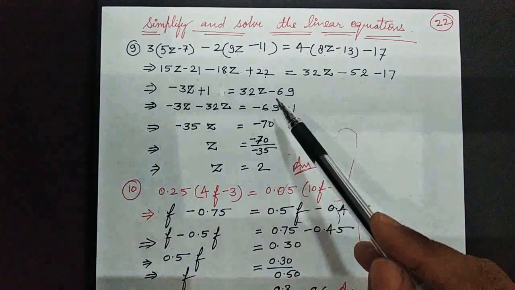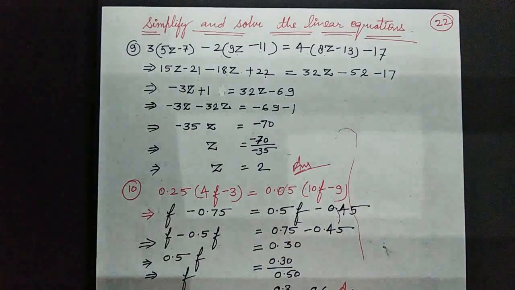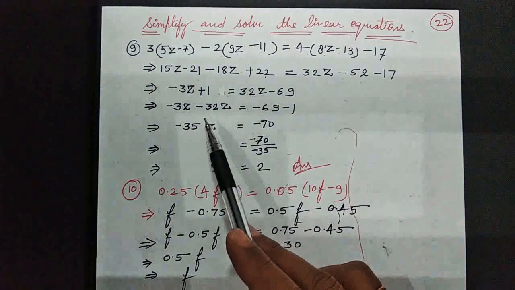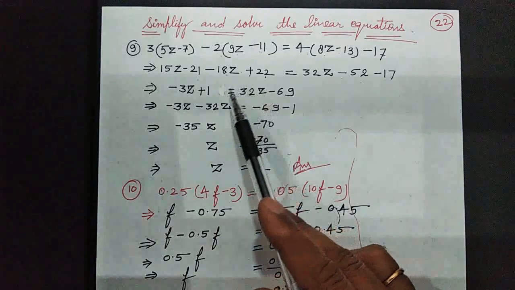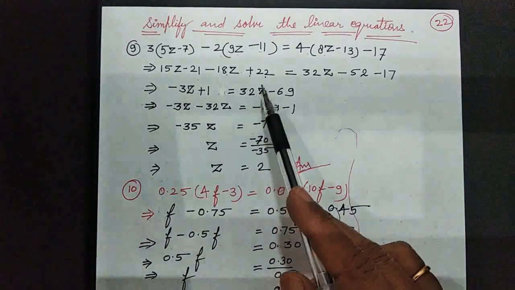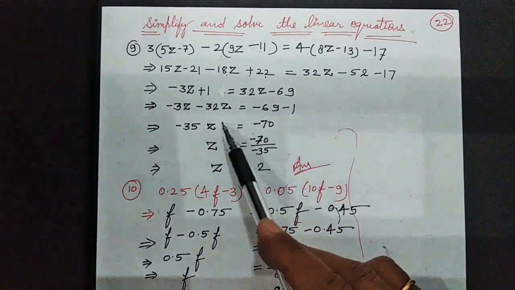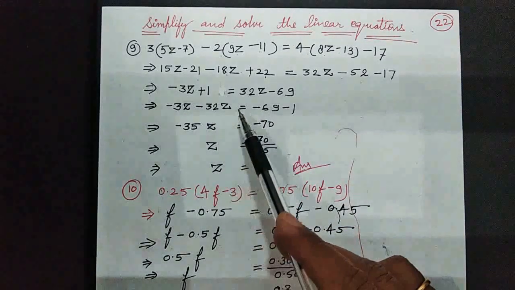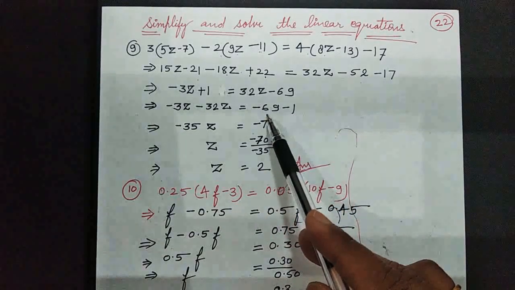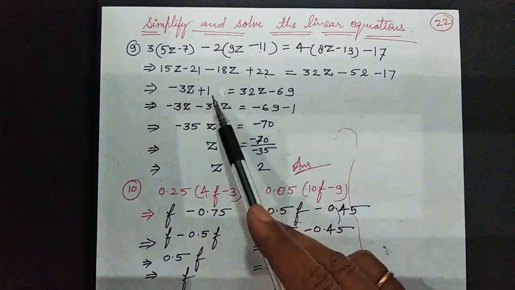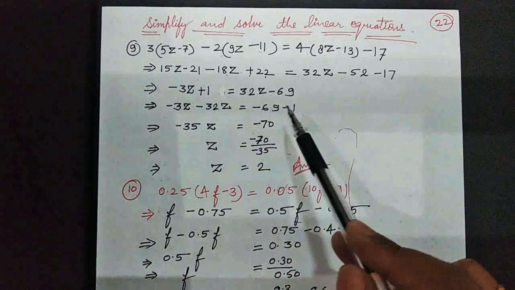And in the next step, here you can see minus 3z minus 32z is coming here. Minus 32z, how is it coming here? We have transposed 32z from the right hand side to the left hand side, and is equal to minus 69. And plus 1 you will transpose from the left hand side to the right hand side.